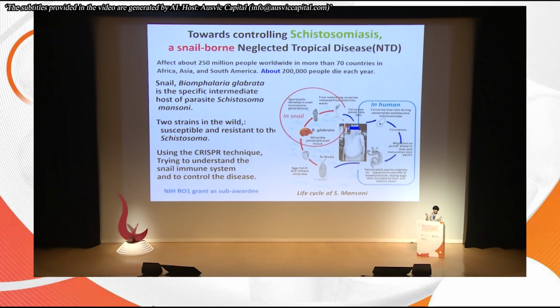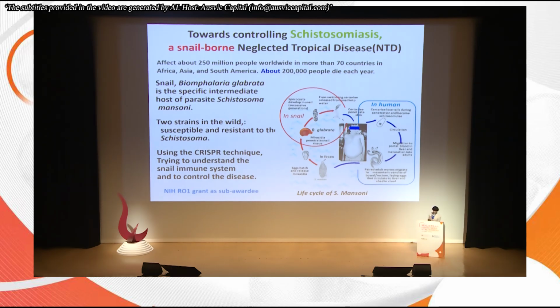Schistosomiasis is a snail-borne neglected tropical disease designated by WHO. About 250 million people worldwide are suffering, and 200,000 people die each year. The snail Biomphalaria glabrata is the specific intermediate host of the parasite, and inside the body of this snail it goes through metamorphosis.